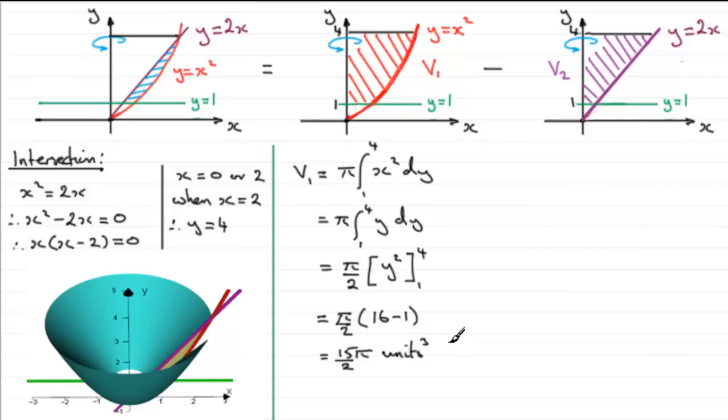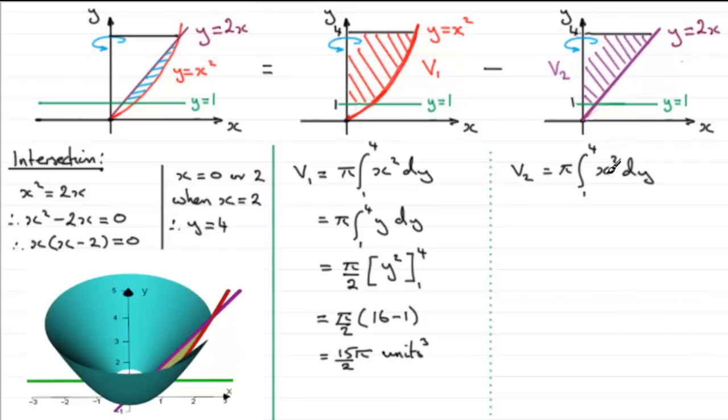Okay, let's come down here now and work out the second volume, V2. So for V2, same way, it's going to be pi times the integral of y going from 1 to 4 of x squared integrated with respect to y.